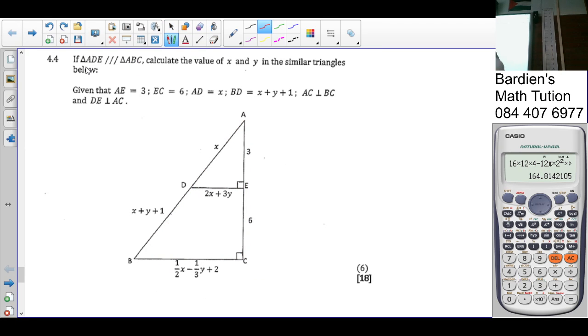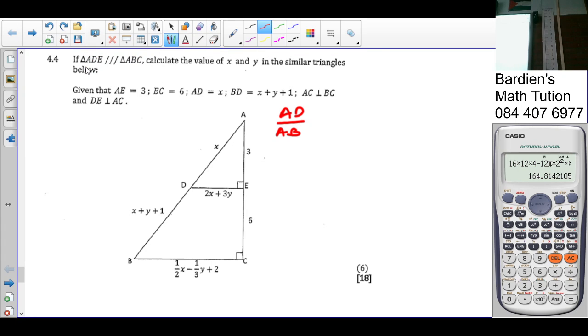Because once we conclude that triangle ADE is similar to triangle ABC, then we can conclude that AD over AB is equal to DE over BC equals AE over AC. We did this extensively last year, grade 9. Okay?